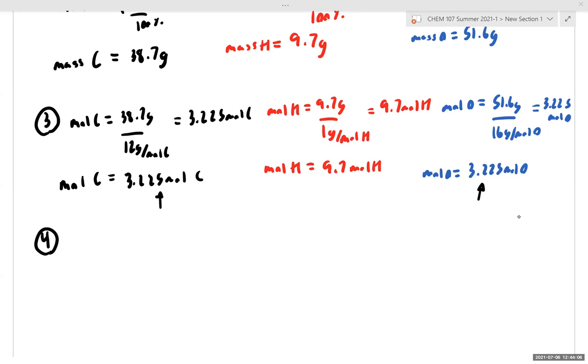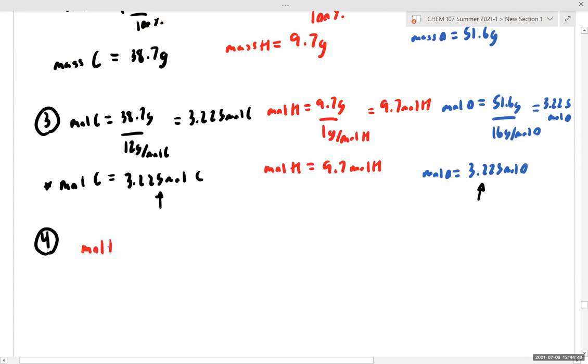In this case, I'd like us to indicate which element has the smallest number of moles. What are we going to divide our moles by when we take our mole to mole ratio? Carbon, hydrogen, or oxygen? We can pick carbon or oxygen. So let's arbitrarily pick carbon.